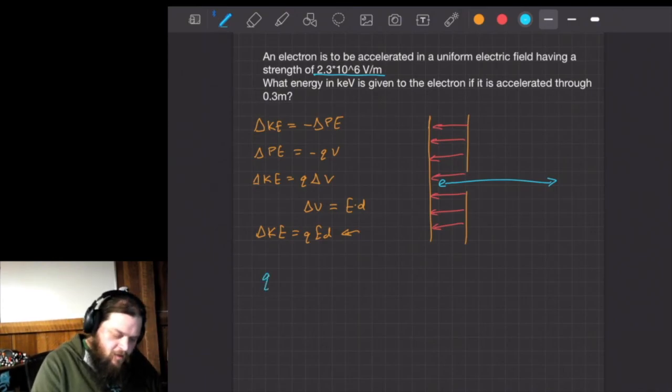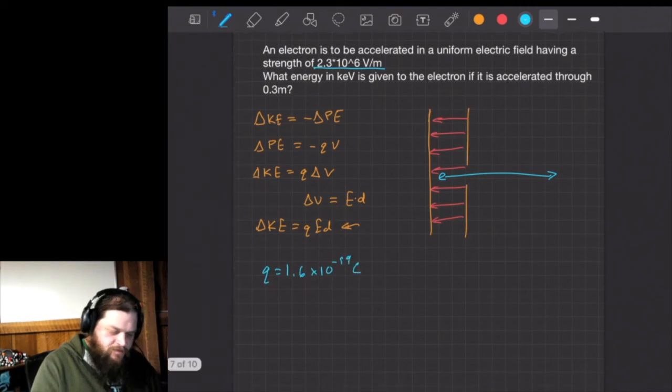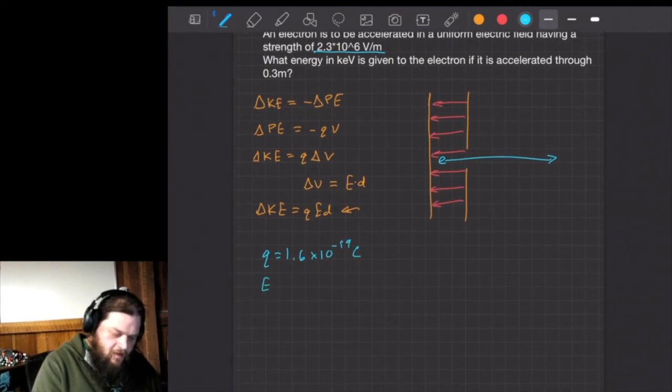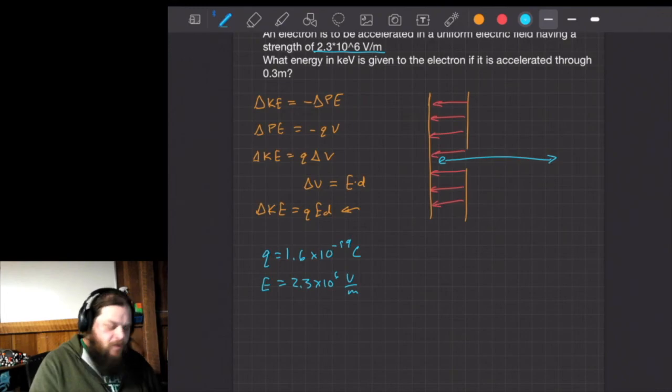And we know the charge, Q, is equal to the charge of an electron, which is 1.6 times 10 to the negative 19 coulombs. The electric field is equal to 2.3 times 10 to the 6 volts per meter. And we know that the distance is equal to 0.3 meters.